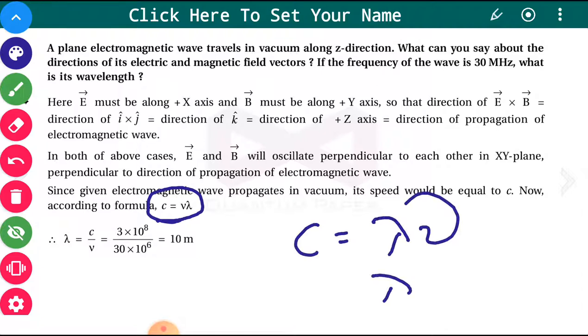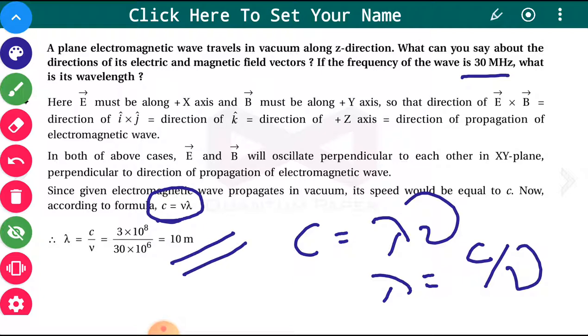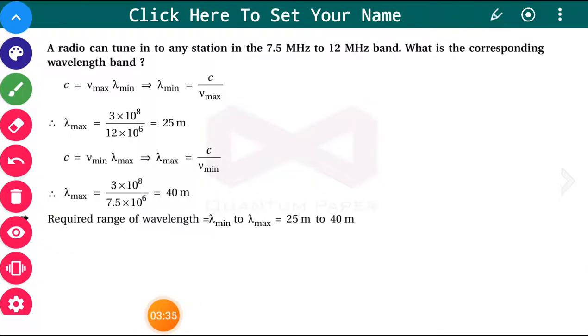So lambda can be calculated as c by nu, and c is 3 into 10 raised to 8 meter per second, and nu is 30 megahertz. So 30 into 10 raised to 6 if you write, then if you simplify, then you will get lambda to be 10 meter.